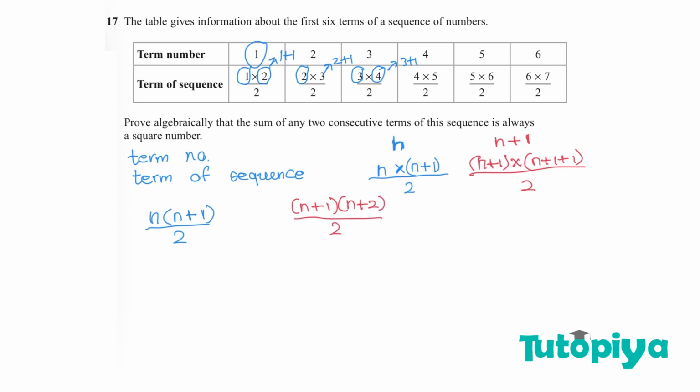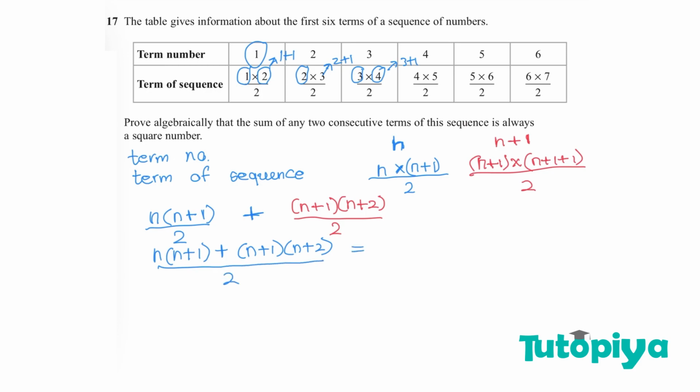We are looking at the sum of these two terms, that is the addition of these two. If I want to simplify this addition and see if I'm going to get anything to do with square numbers, then the next thing I have to do is add these two terms together. When I'm adding, the denominator is already common. So this is n(n plus 1) plus (n plus 1)(n plus 2) over 2.